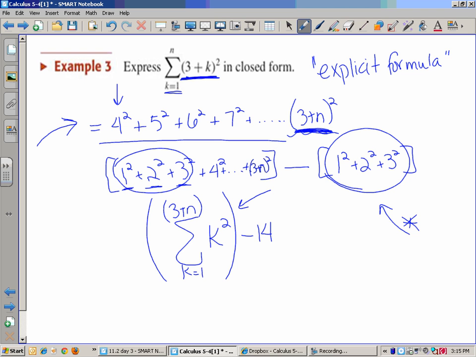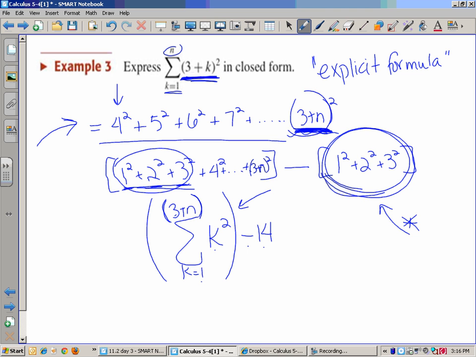the summation formulas, okay? So in order to have it work, now when I plug in 1, I get 1 squared minus 14. This minus 14 here, that's the number that I had to get rid of, because that's the number that I added in here, okay? And again, we only did that so that I could come up with a closed formula, so that this 3 plus n, which is what I ended up with when I did it up here, becomes my last term.